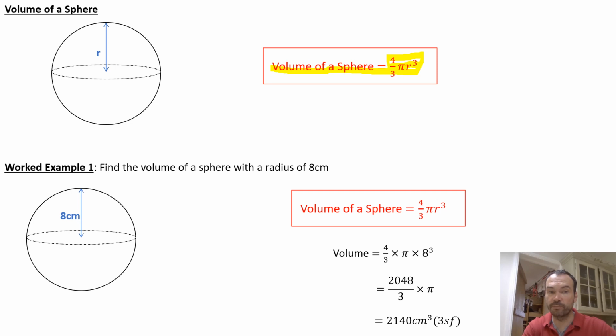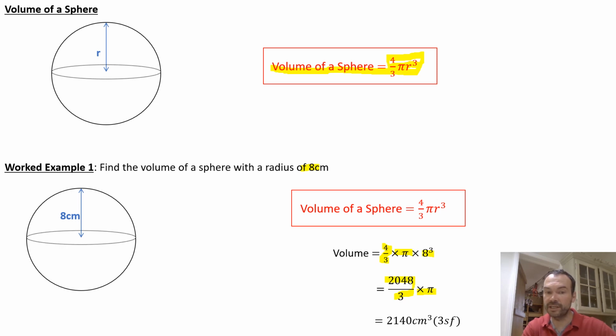Okay, so for example, if the radius was 8, the volume would be 4/3 multiplied by pi multiplied by 8 cubed. And depending whether it wanted an exact answer, you'd work out 8 cubed times 4 divided by 3, which happens to be that times pi. That would be an exact answer.